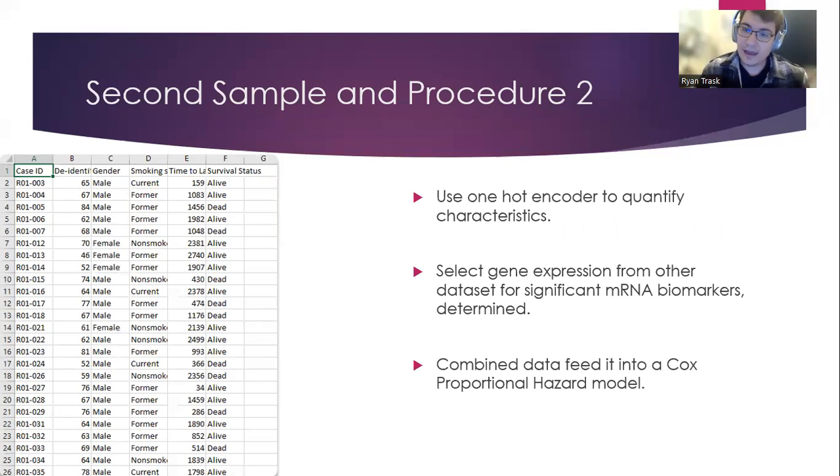That's why I'm lucky to have information about the survival status, whether somebody's alive or dead, and the time between the last appointment and the event happening, when the data was recorded, and the characteristics of the individual patients, whether they're male, female, smoking status, age. Now I have these two data sets.